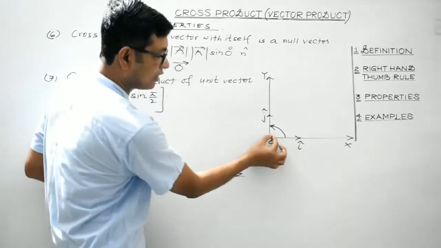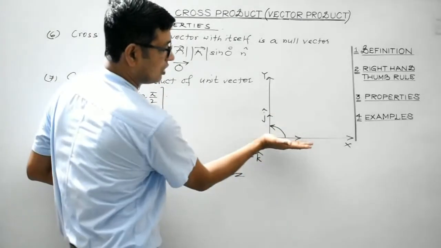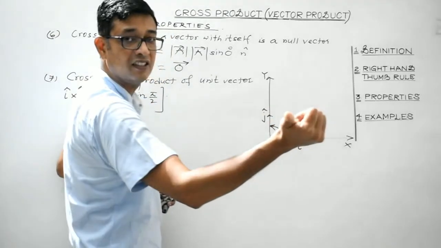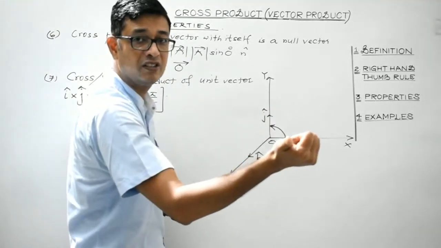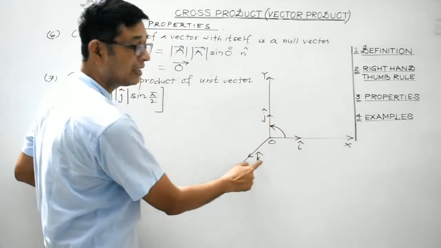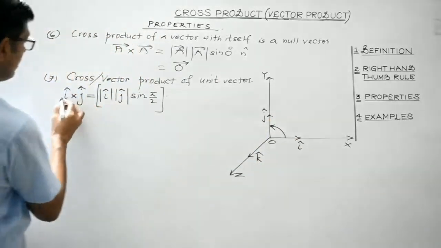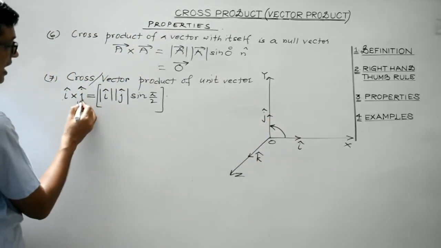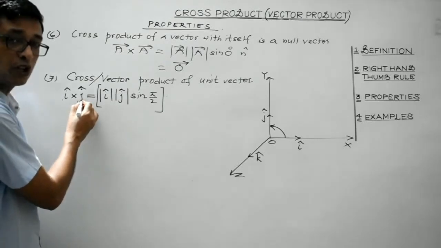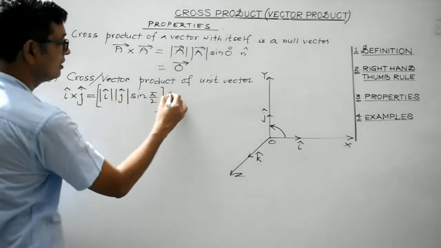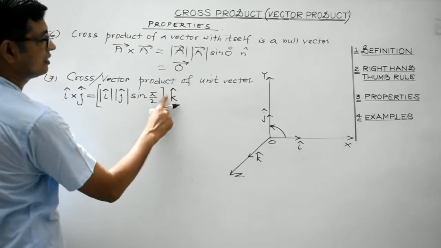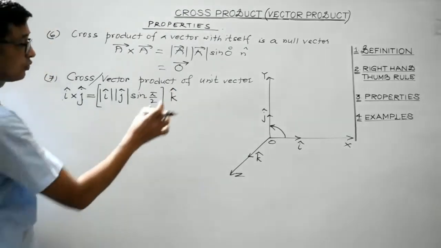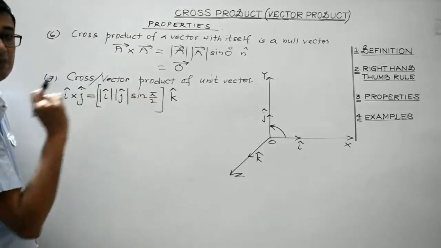This is the z axis. So the thumb is pointing towards the z axis, and the direction of the z axis is represented by k cap. So the direction of the cross product of i cap and j cap is k cap, that is along the z axis. Am I clear, students? This will represent the direction and this term will represent magnitude.